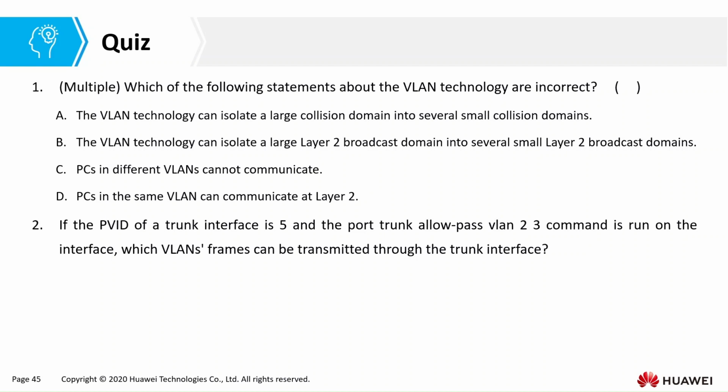By default, VLAN 1 can be, because by default the trunk allows it. So you allow 2 and 3, but by default you also have 1, so you should be able to allow 1 to 3. Remember, even though you set the PVID to 5, if you do not add it into the allowed pass, it is not transmitted.